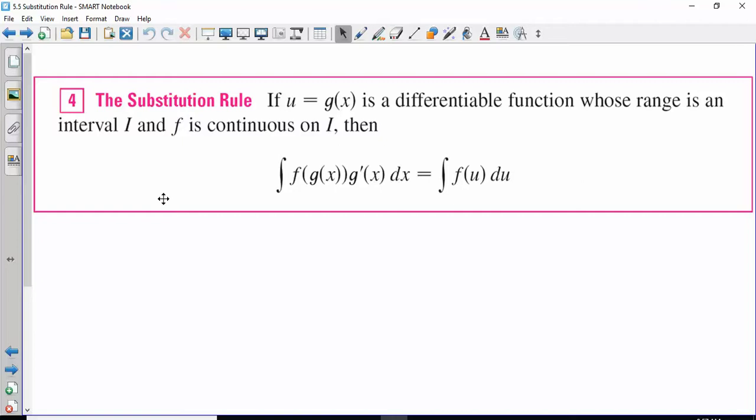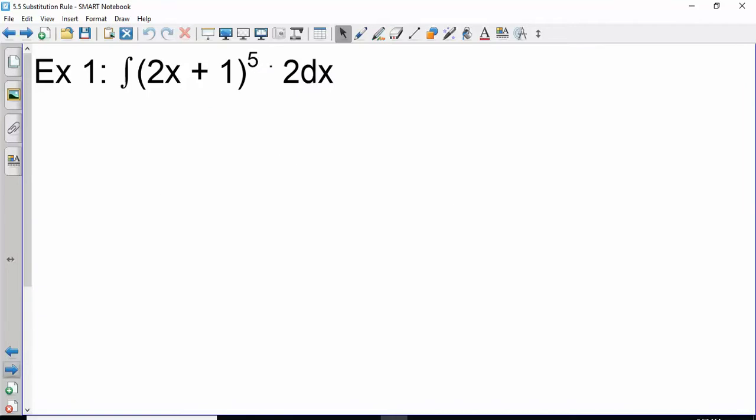What I like to do on these, I don't really write it out quite that way. We're going to start out with some problems that are written to help us very easily. I like to start off by identifying my inside function. We talked about inside functions versus the outside when we did the chain rule before. If I am looking at this problem, what is the inside part?